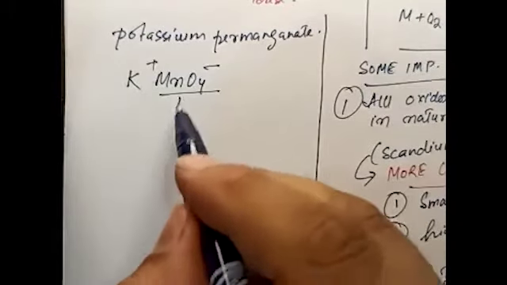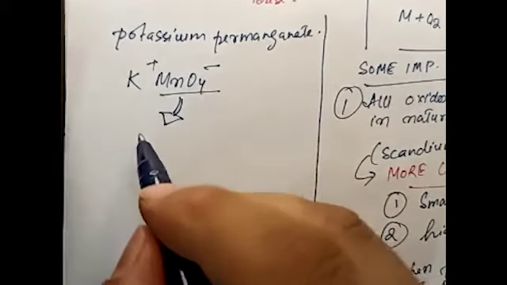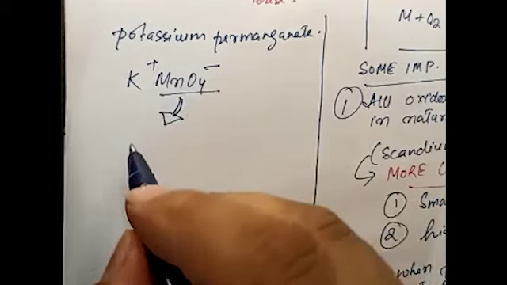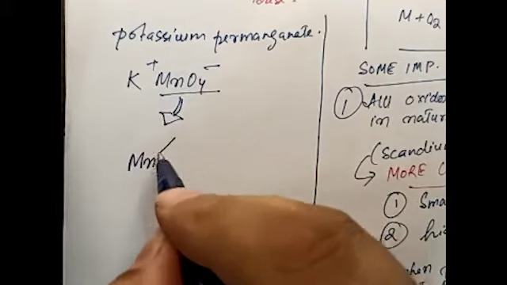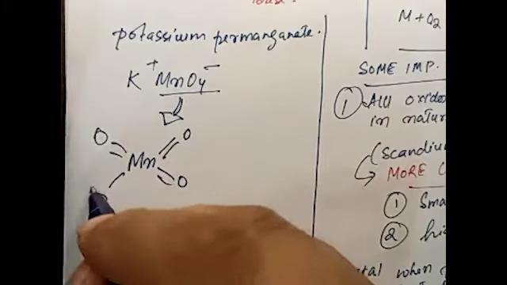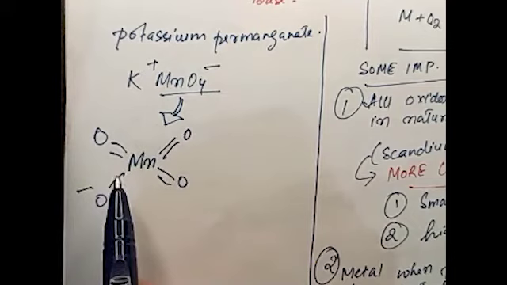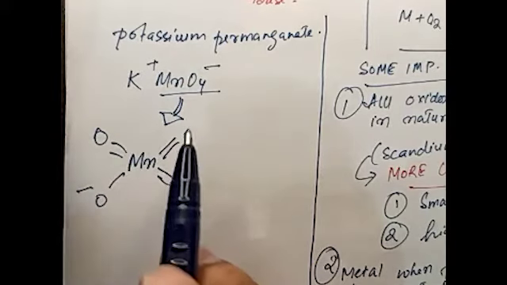So MnO4 minus is the permanganate ion. If you see the structure, this is manganese, which is a transition element, along with oxygen atoms.